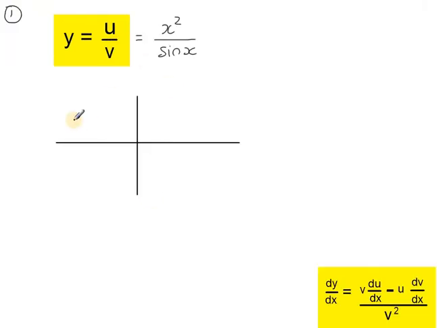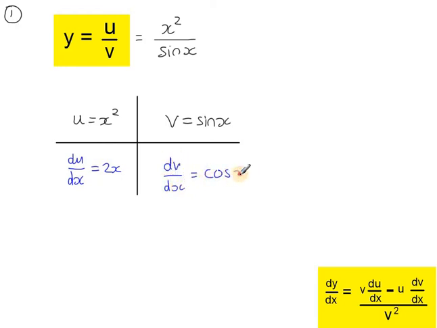Okay, so in this example, u is equal to x squared and v is equal to sine x, and then du by dx is equal to 2x, and dv by dx is equal to cos x. So we're going to get a fraction.